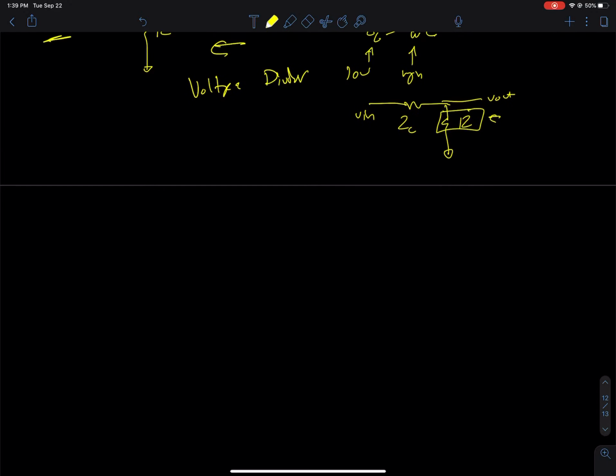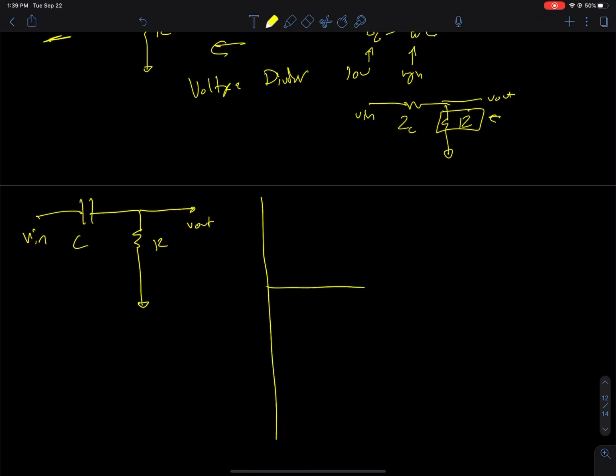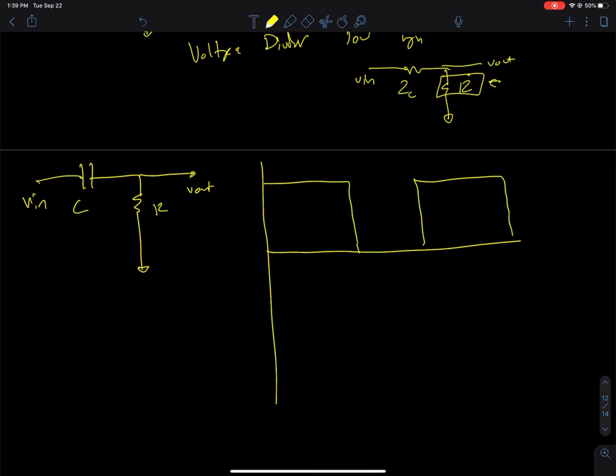Now, let's look at it this way. I'm drawing a low pass filter: V in, V out, R and C. If we have the voltage go high, now we know in a capacitor, IC equals C dV/dt.